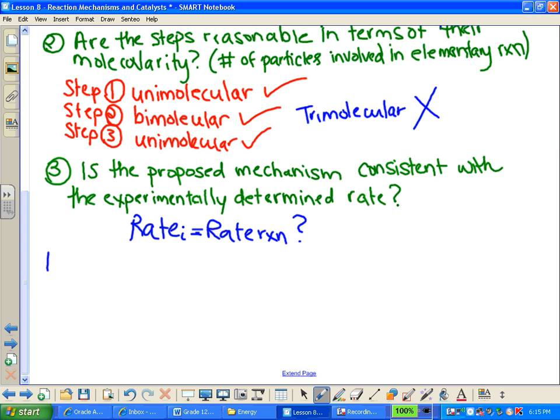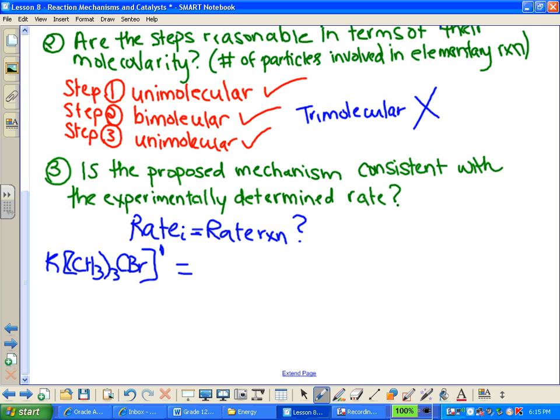We had k, CH3Br, and we had that to the exponent 1.